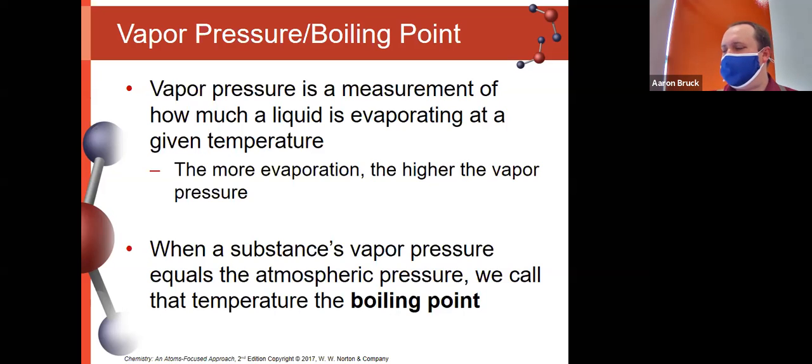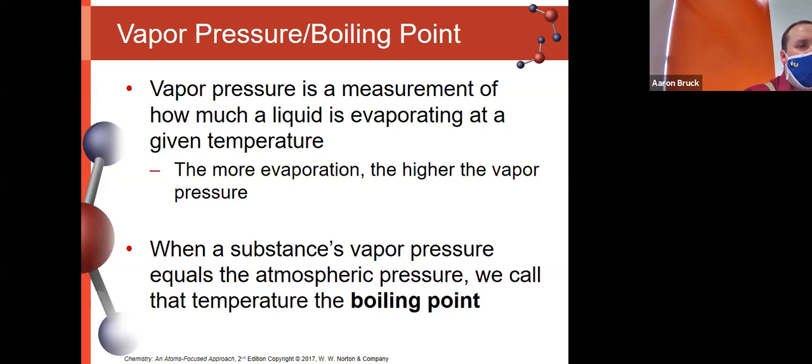If I close the container and trap that vapor, it will start to exert a pressure on the surroundings. That is the vapor pressure of the liquid. And so in that particular scenario, the vapor pressure is related to how much liquid has evaporated. The more the liquid evaporates, the more vapor pressure we're going to get.